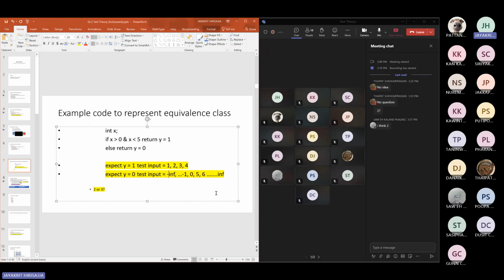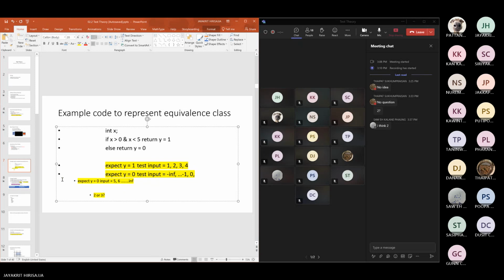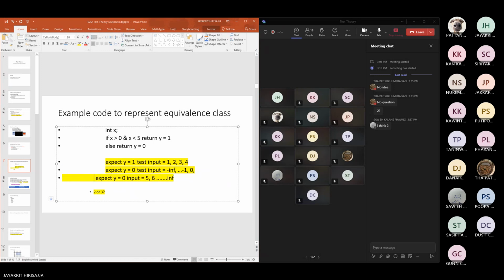Or if some people dare to be more detailed, they may think about separating this one to be something like this.